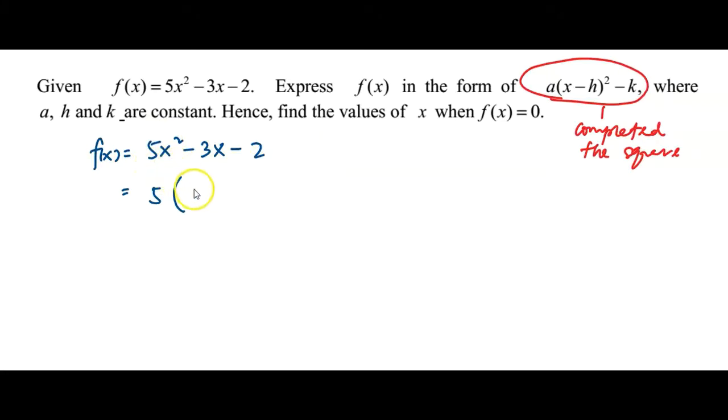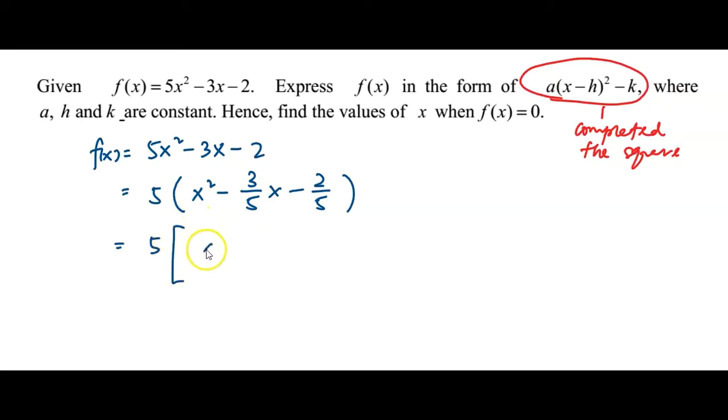All right, factor out the 5, you have x squared inside the bracket, and then 3 over 5 x minus 2 over 5. After that, the completing square process will be done in the bracket. The 5 still will be outside.